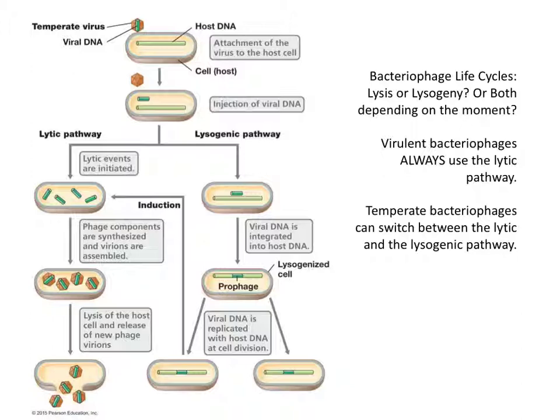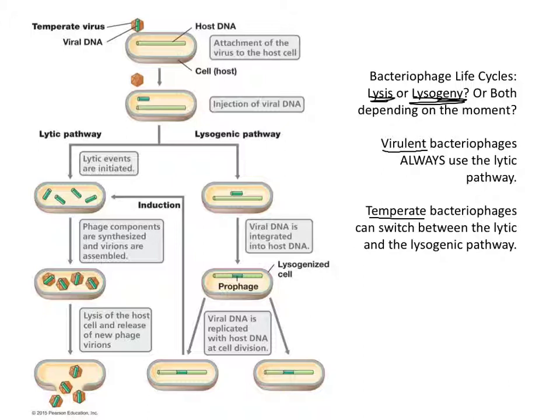Let's start with the terms lysis and lysogeny. And let's remember that there are different descriptions for bacteriophage. One of the key ways that we distinguish one type of bacteriophage from another is to say that a bacteriophage is either virulent or temperate.